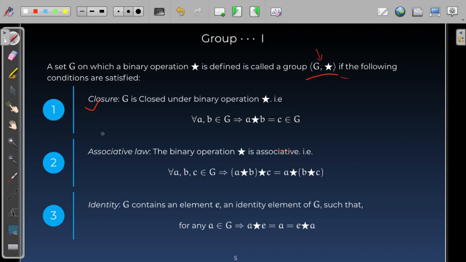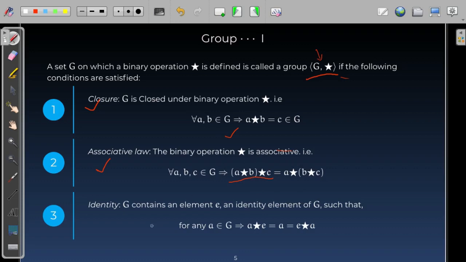What I mean by closure is that if A and B are elements of G, then A star B should also be an element of G. So the result of this operation, if the two elements A and B are in G, is also going to be in G. Second is the associative law, which basically means that for all A, B, C elements of G, (A star B) star C is equal to A star (B star C). So the order of the operation doesn't really matter. That's what is meant by associative law.